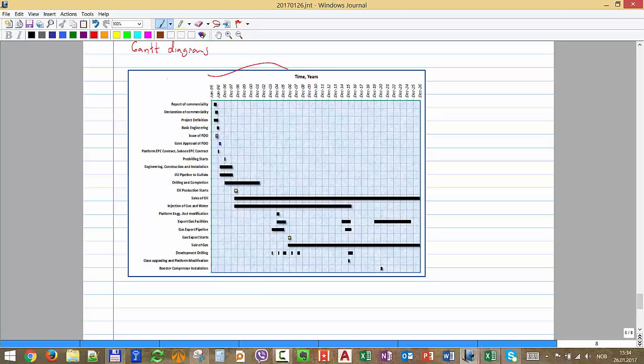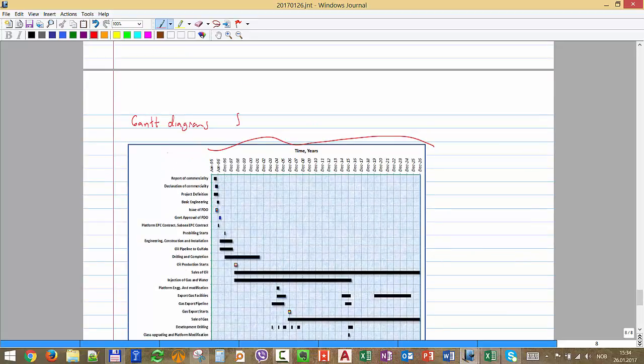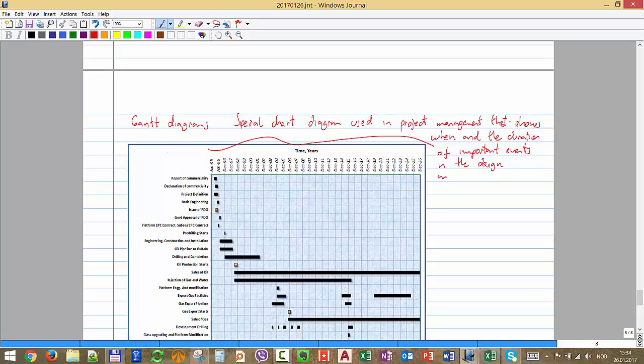So this axis at the top is, so this is a special diagram, chart or diagram, used in project management that shows the occurrence, when, and the duration of important events in the design and construction of the field.